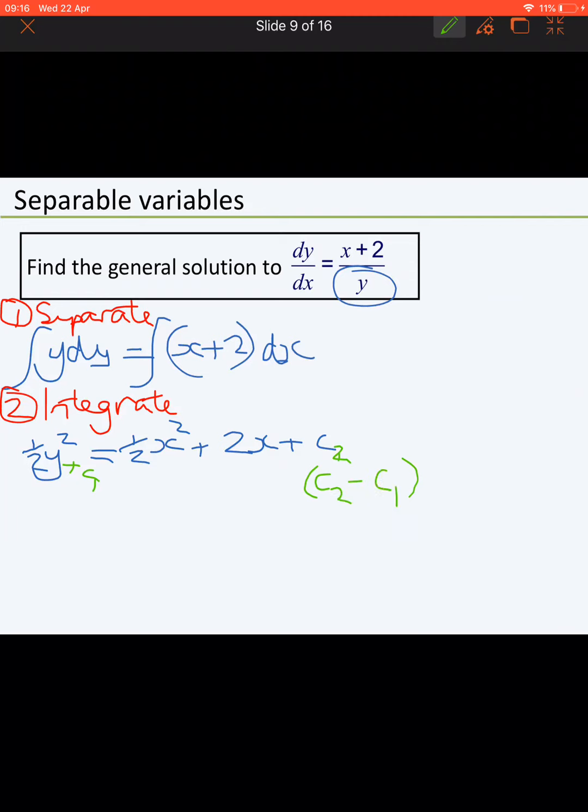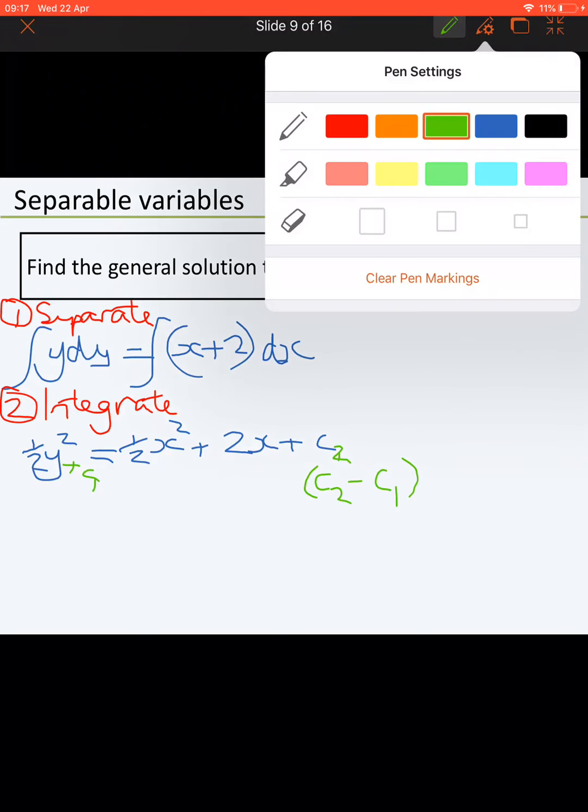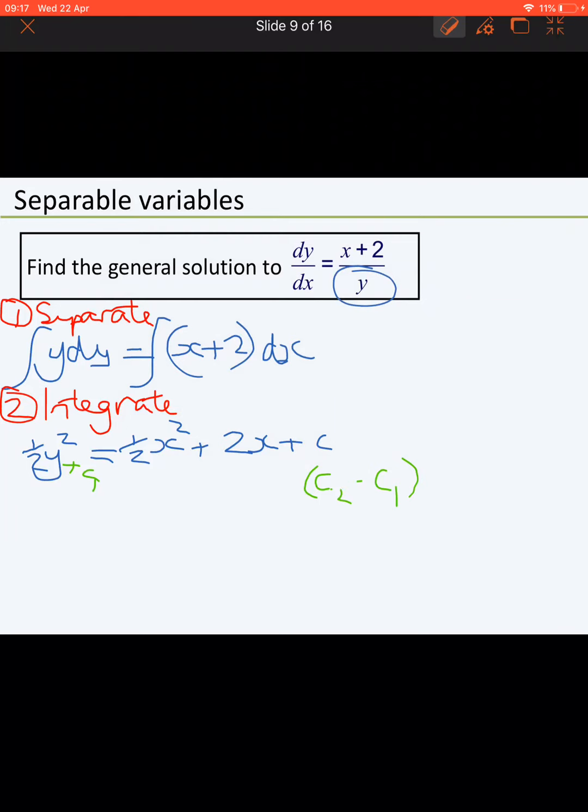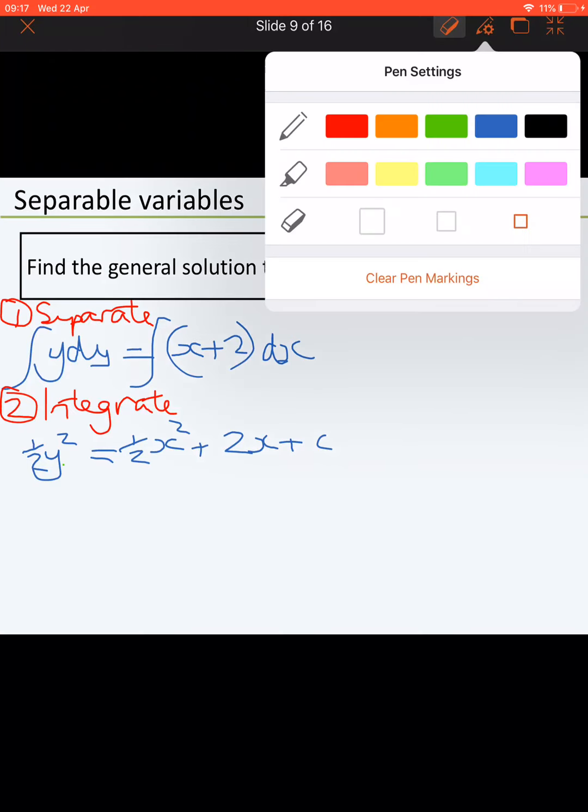Since constant 2 is a constant I don't know and constant 1 is another unknown constant, if I subtract them, I'm left with another unknown constant. So essentially by putting it on the side with the x's, we are putting a constant of integration on both sides, but then pulling them over to one side because they're just values that we don't know. So let me rub that out now. We are going to stick with just putting the constant on one side.